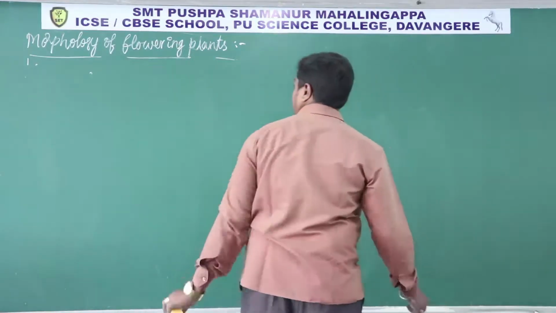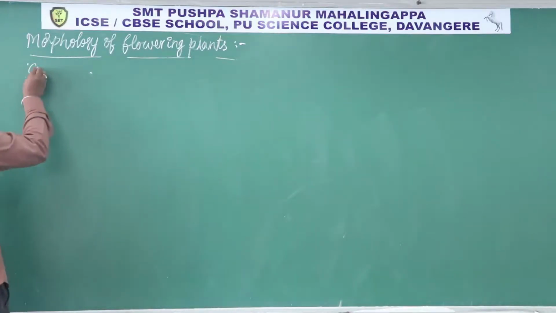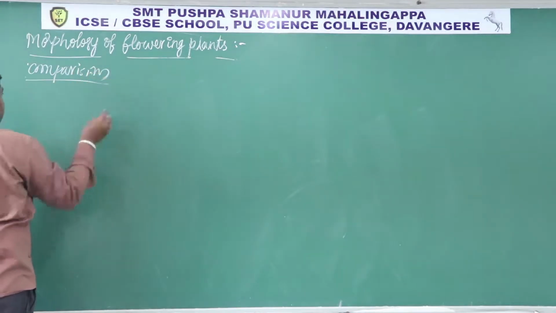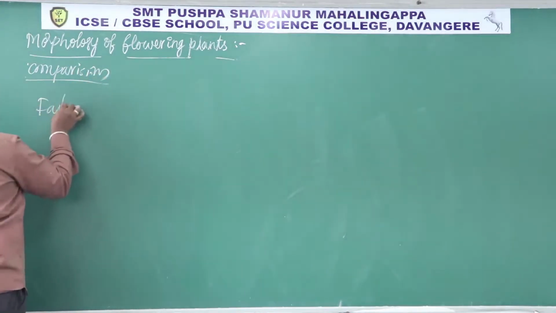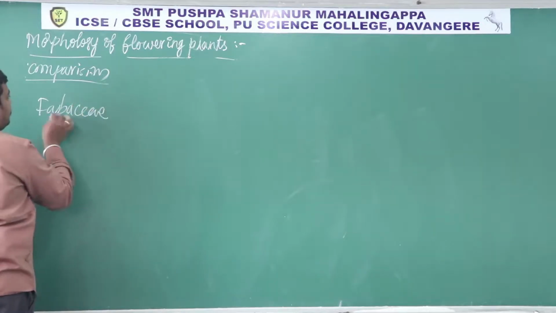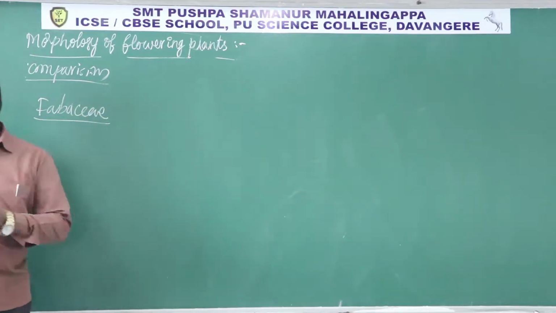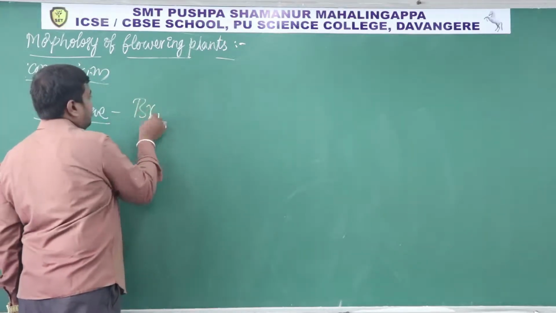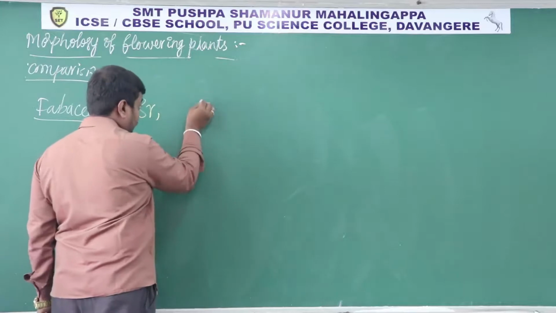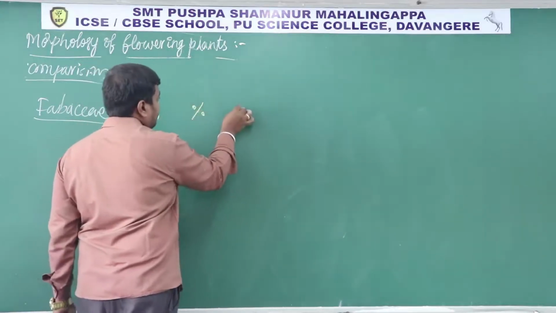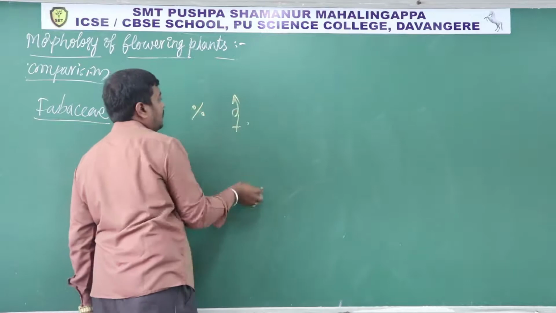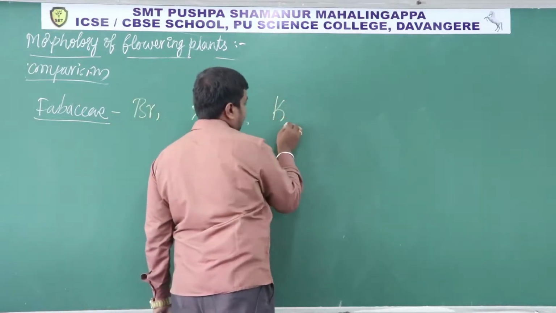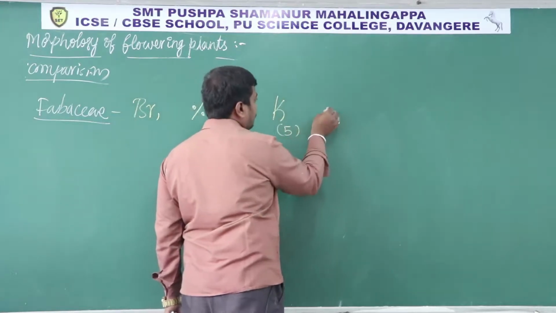Okay, so comparison. So first Fabaceae. So let me write the characters. So in Fabaceae: bracteate, zygomorphic, bisexual, calyx 5 fused.